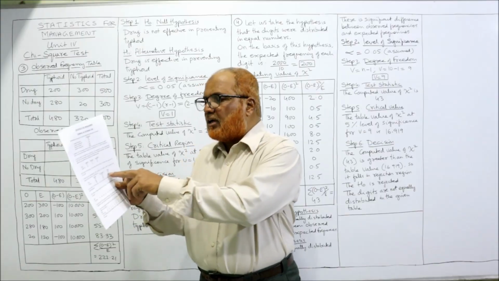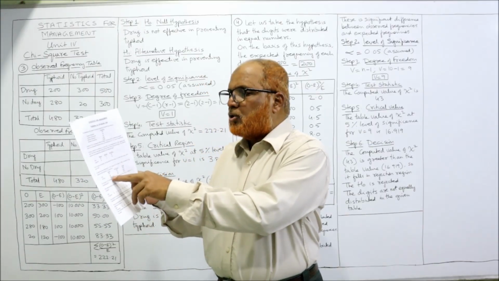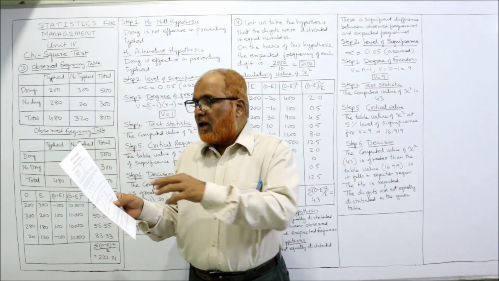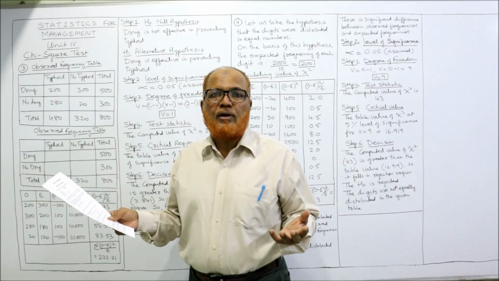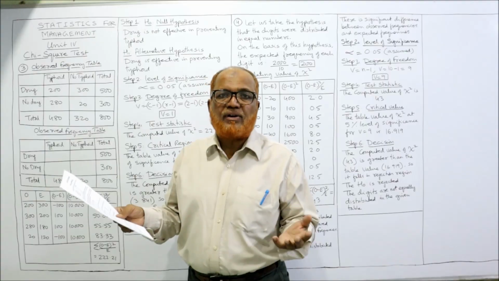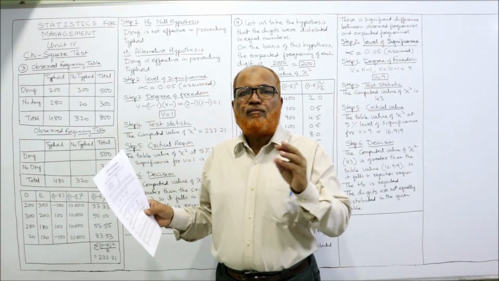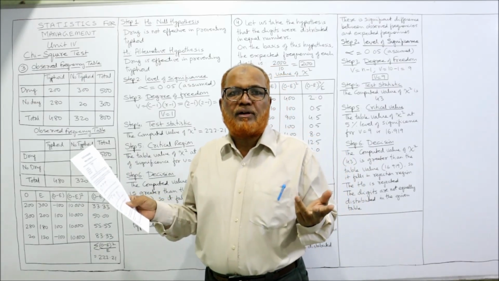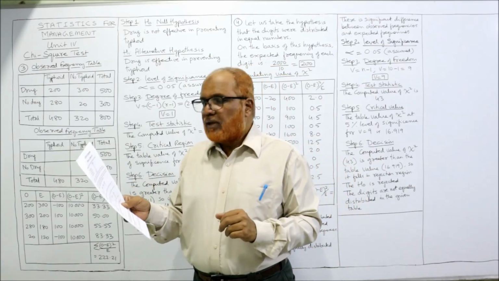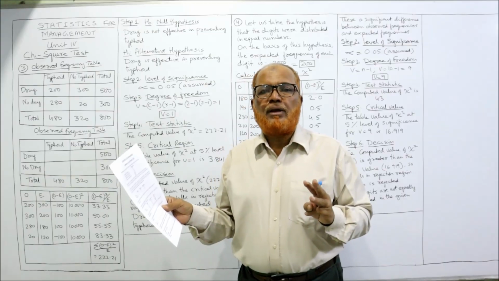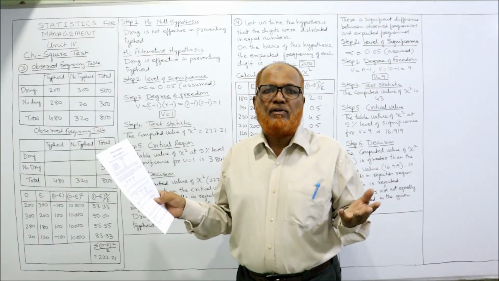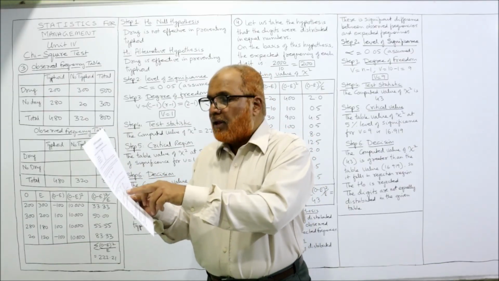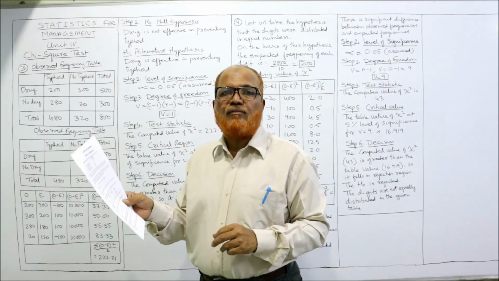Out of the 500 people administered the drug, 200 got typhoid, which means the drug is not effective for them, and 300 had no typhoid, which means the drug is effective. Whereas for no drug, 300 people were given no drug; without the drug, 280 people got typhoid and 20 people had no typhoid.